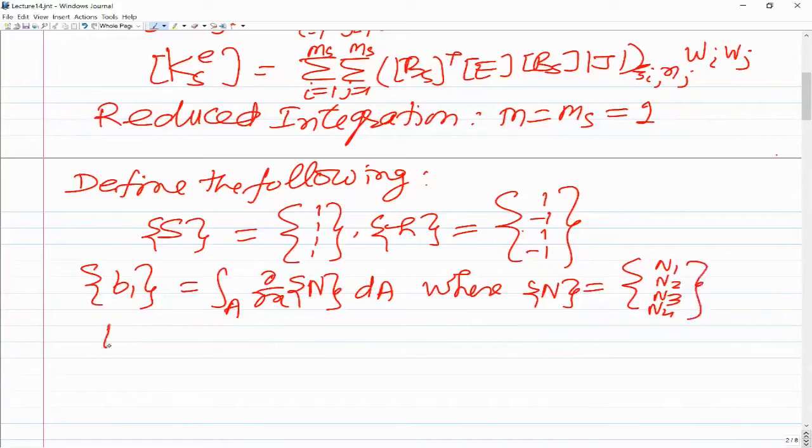And similarly we define vector b2, which is the derivative of the shape functions with respect to y, del by del y of N.